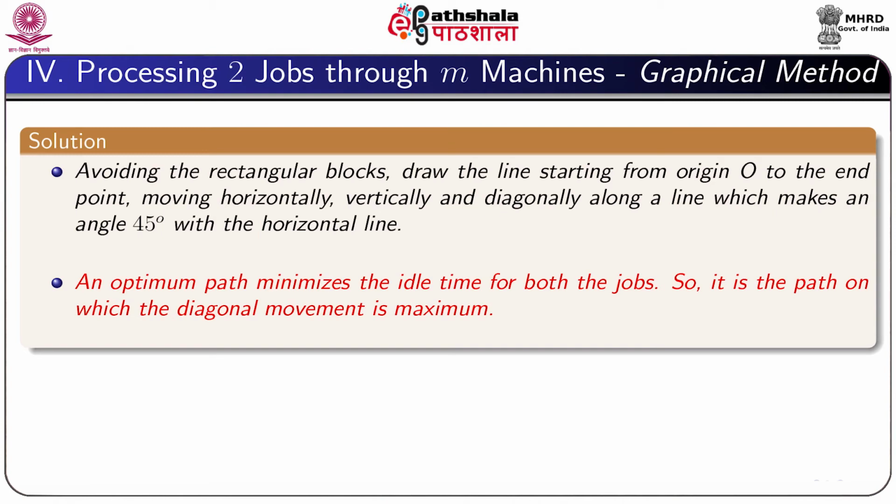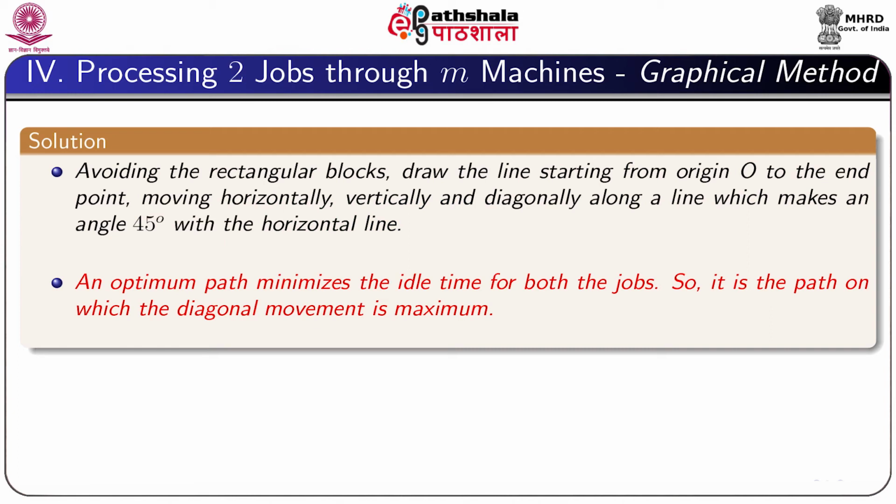Now, avoiding the rectangular blocks, we draw the line starting from origin 0 to the end point or finishing point, moving horizontally, vertically and diagonally along a line which makes an angle 45 degree with the horizontal line.